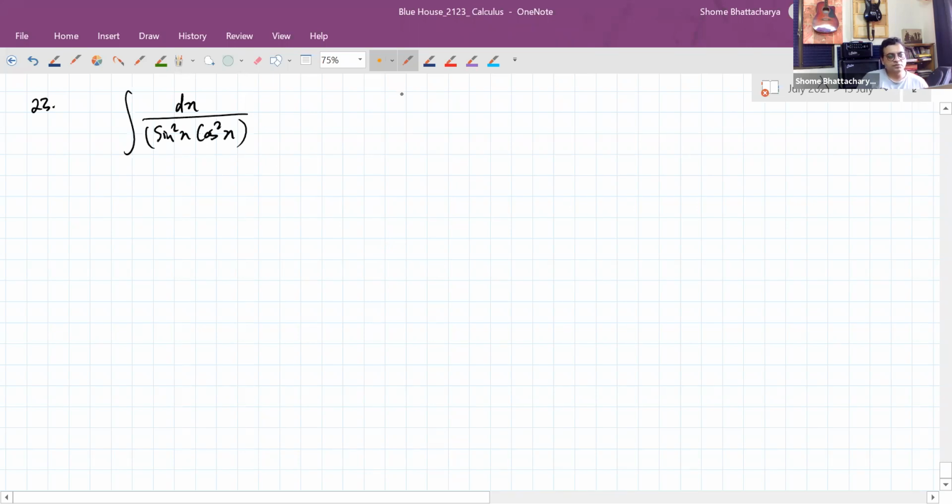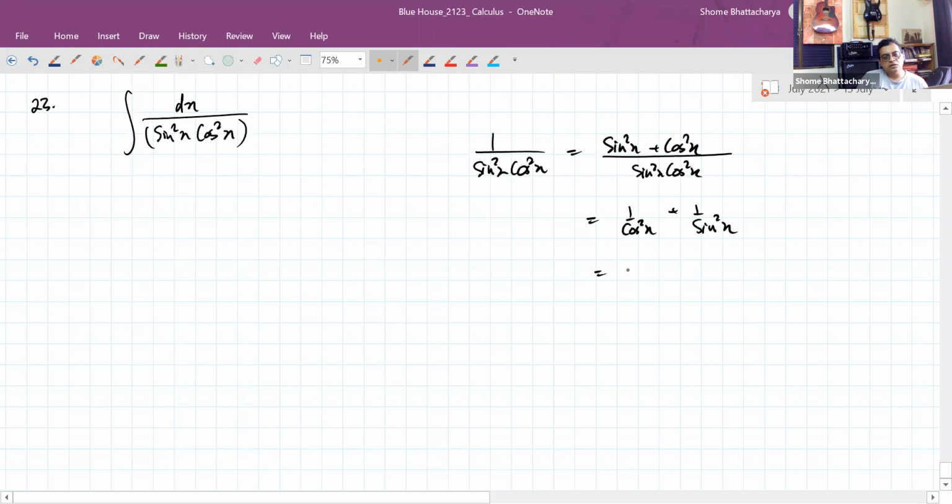But here what we'll do is, one method is that 1 upon sine square x into cos square x can be easily written as sine square x plus cos square x upon sine square x cos square x. So that will become 1 by cos square x plus 1 by sine square x.